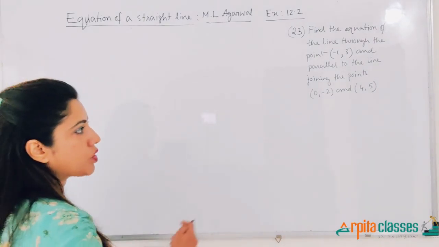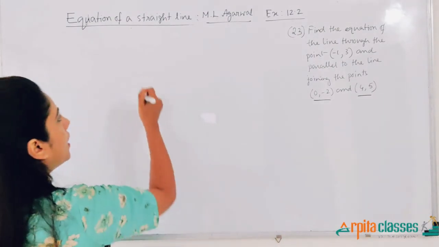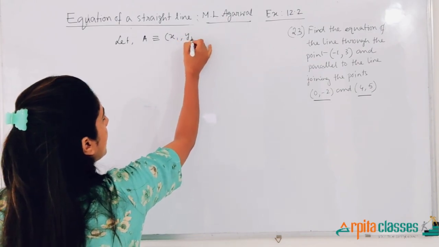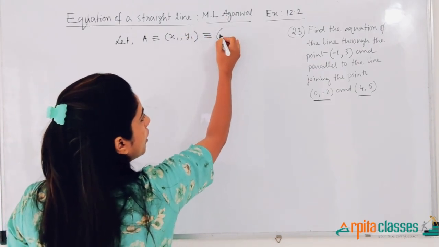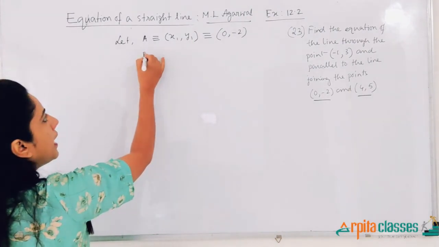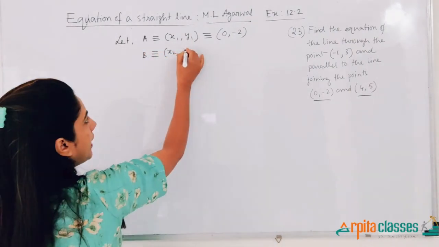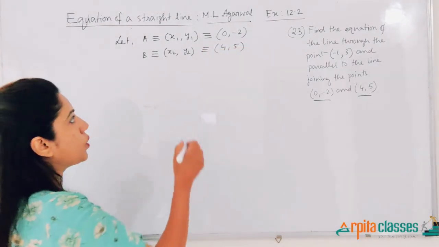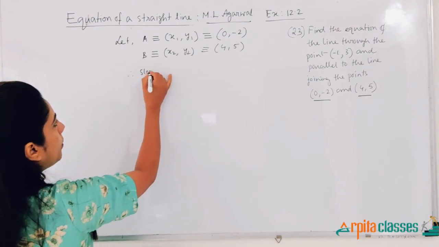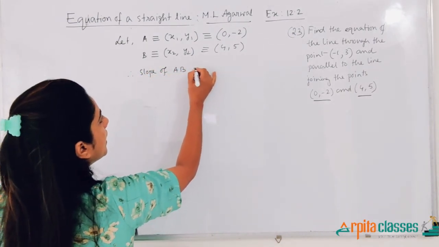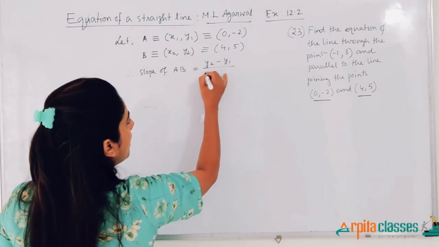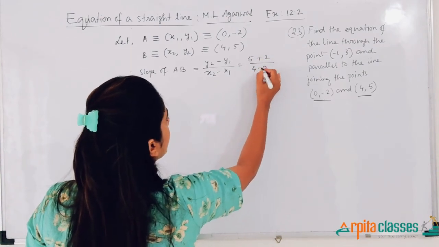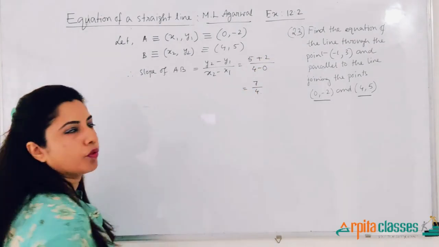So let us first find the slope of these 2 points. Let A, which I designate by x1, y1, be (0, -2), and B, denoted by x2, y2, be (4, 5). Therefore the slope of AB is y2 minus y1 upon x2 minus x1, 5 plus 2 upon 4 minus 0, that's 7 upon 4.